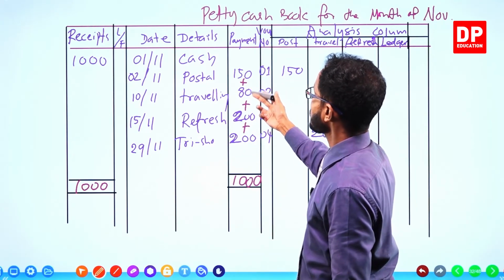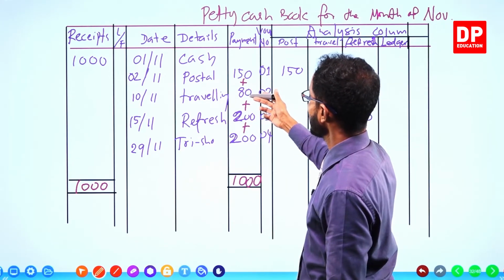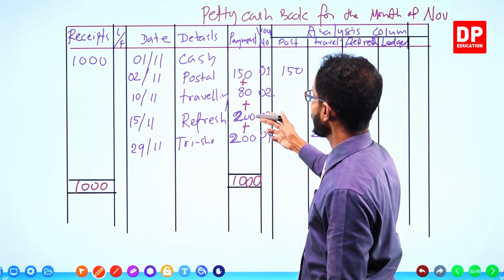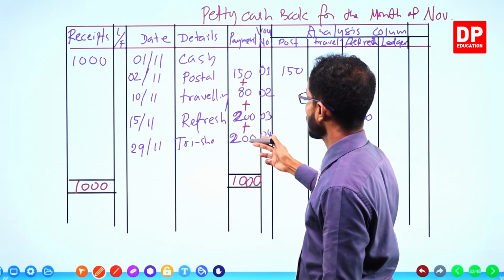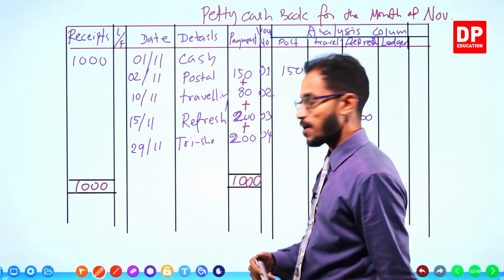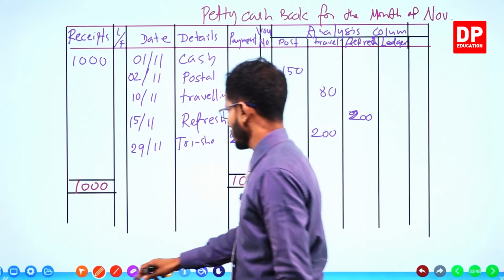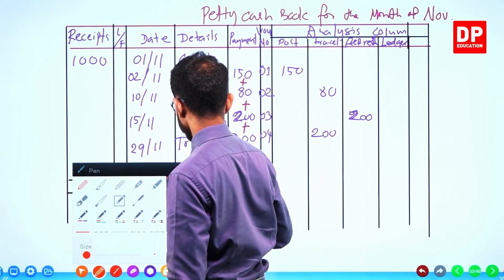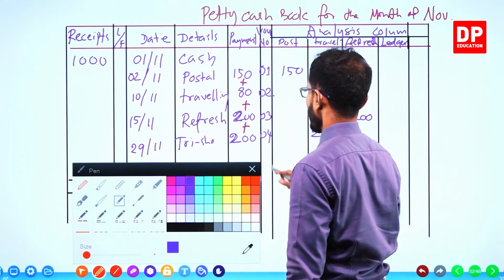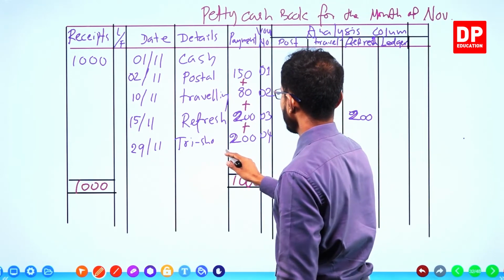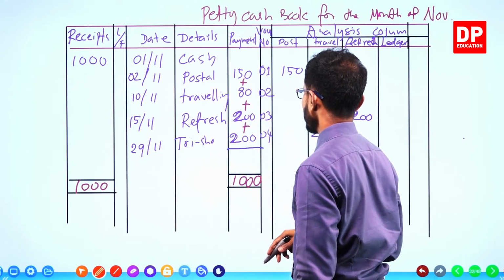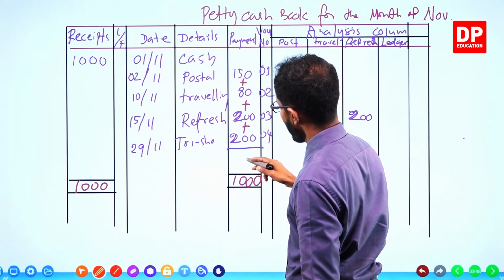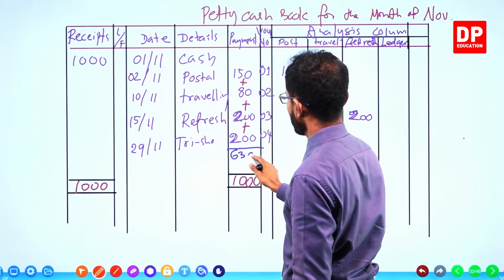If you want, you can mention the 630 here, but you don't have to.